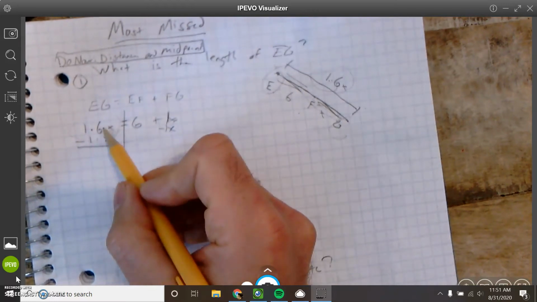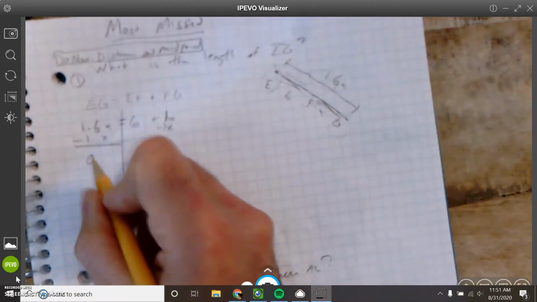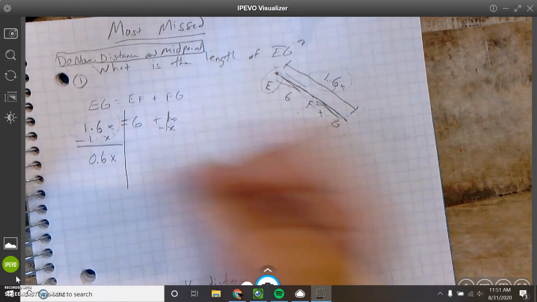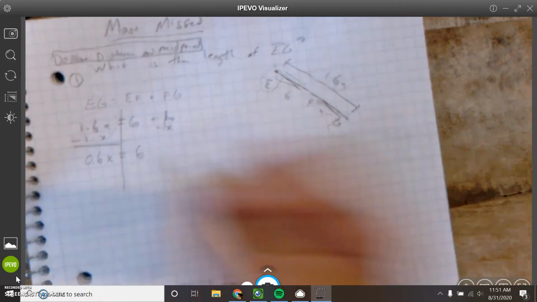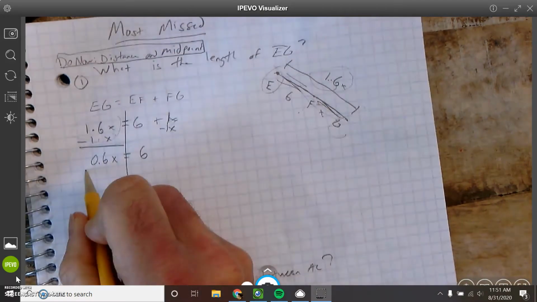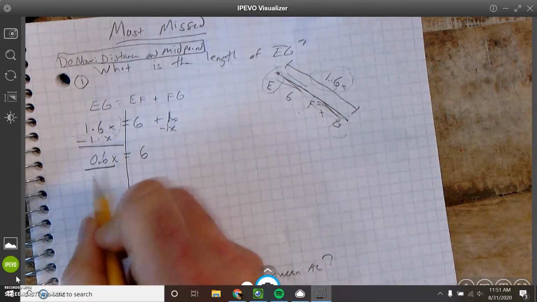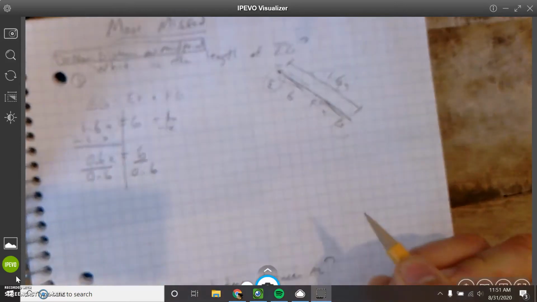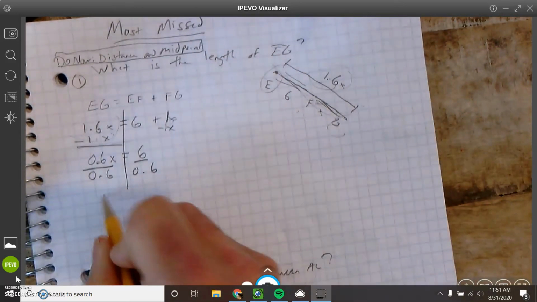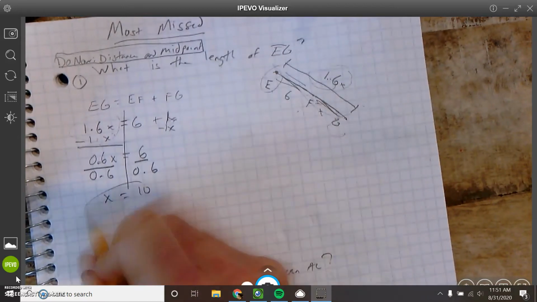Like $1.60 minus 1 would just be like 60 cents, right? Or 6/10 x equals what's left on this side? Yes, 6. Cool. So now I'm going to divide, because that's multiplication. The opposite of multiplication is division, so divide by 6/10. And the answer there is going to be 10.